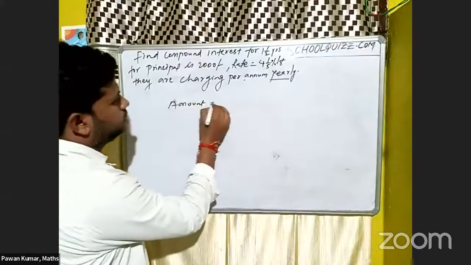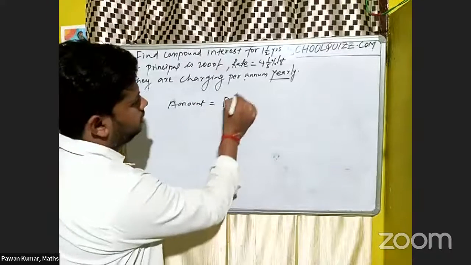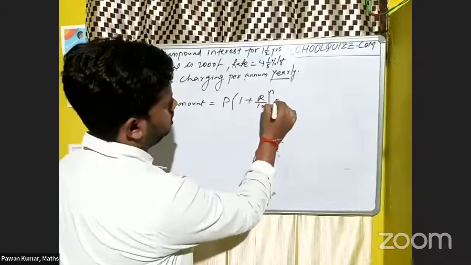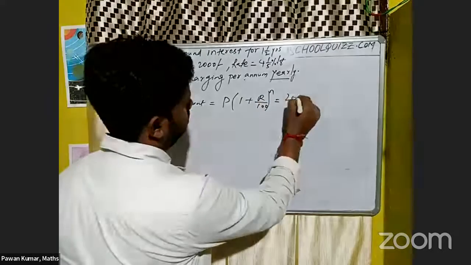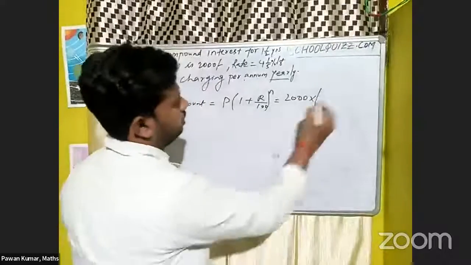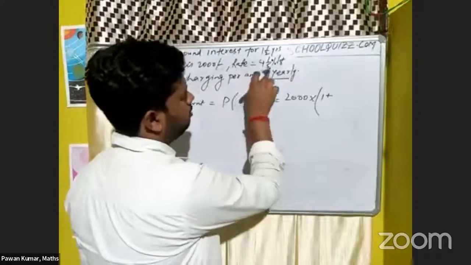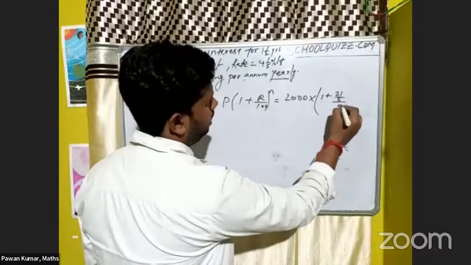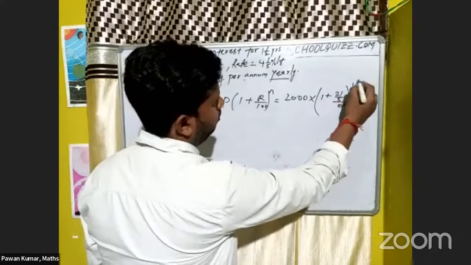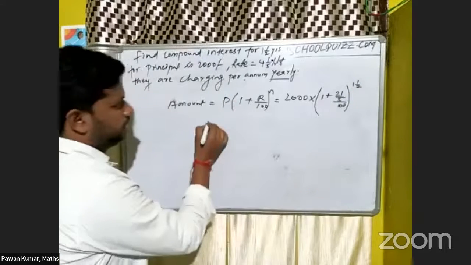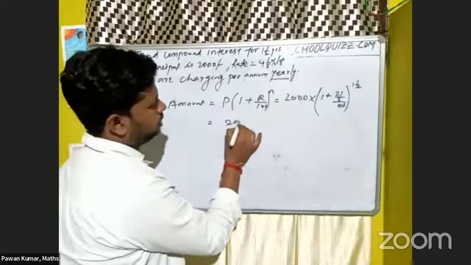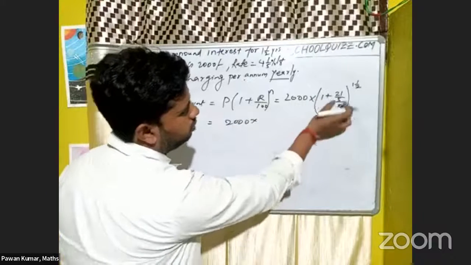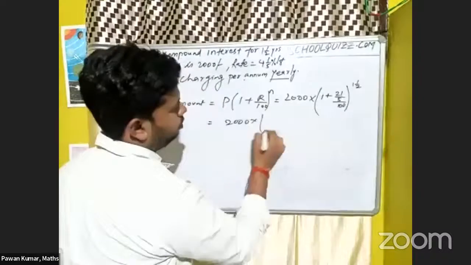So amount equals principal into 1 plus r by 100 to the power n. Simply can I write it as 2000 into 1 plus 4 1/5 by 100, to the power 1 1/2? Correct. So 5 fours are 20 plus 1, 21 by 5 by 100, the denominator goes this side.